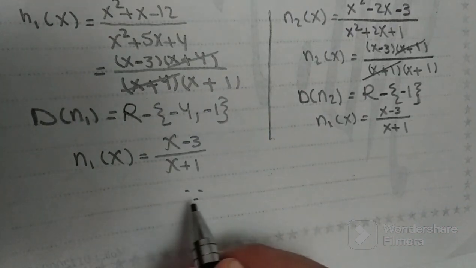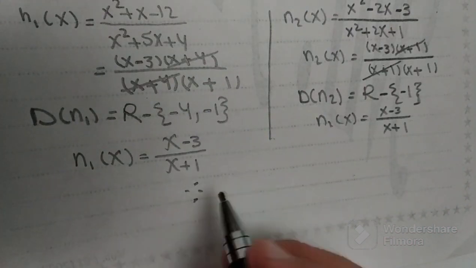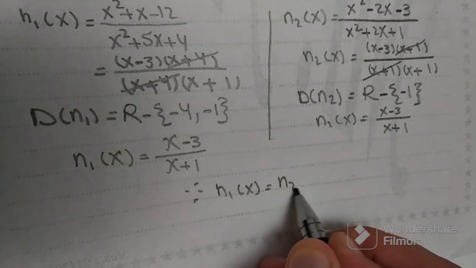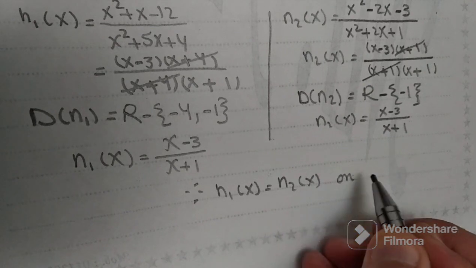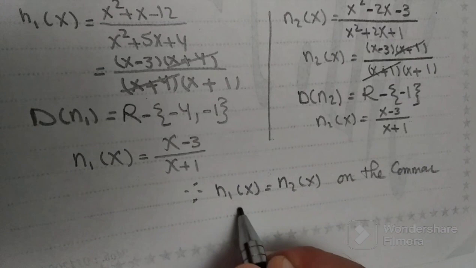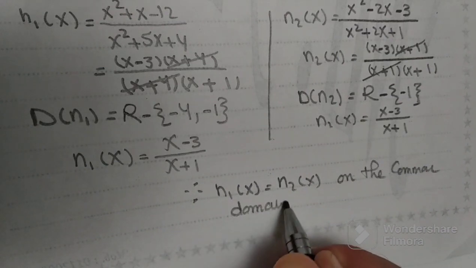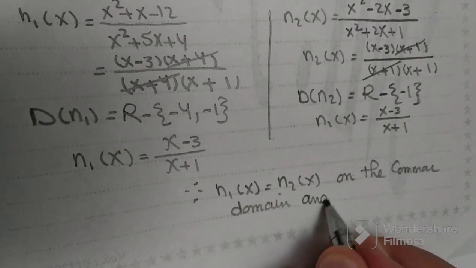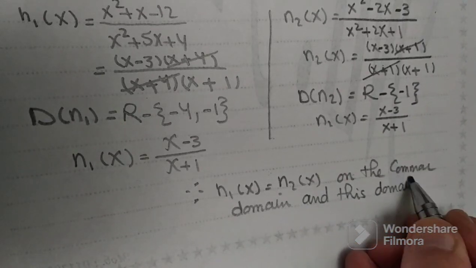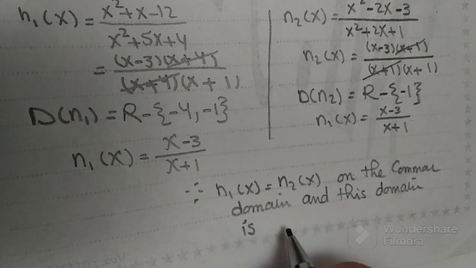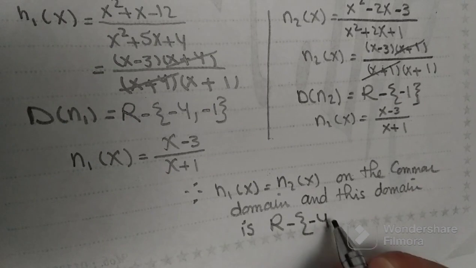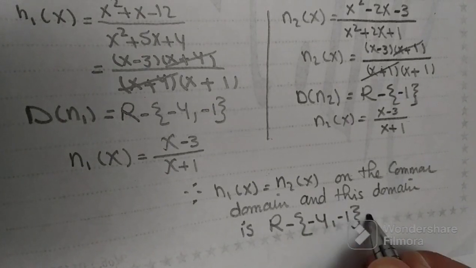Therefore n1 of x equals n2 of x on the common domain, and this domain is R except negative 4 and negative 1.